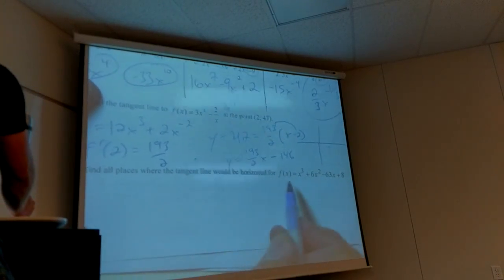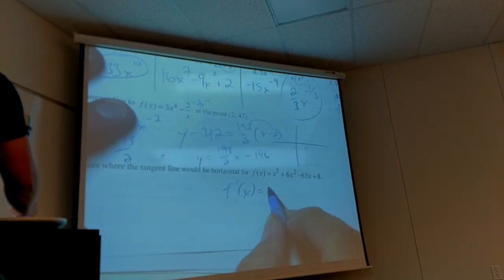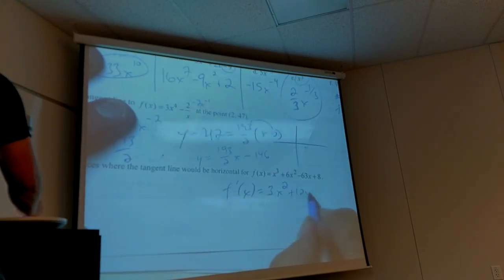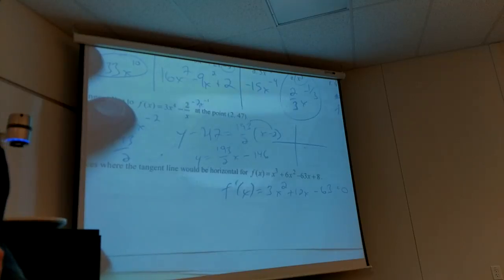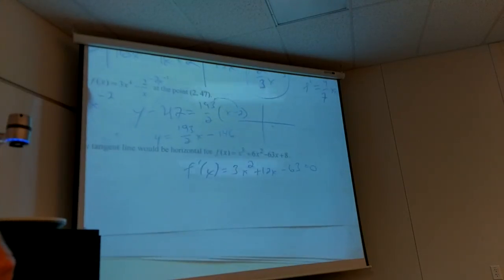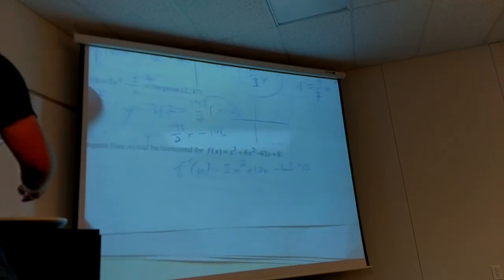Not too bad. And then this guy, what is f prime? 3x squared. And I want to set this equal to 0, right? Before I do anything, I'm going to divide by 3.